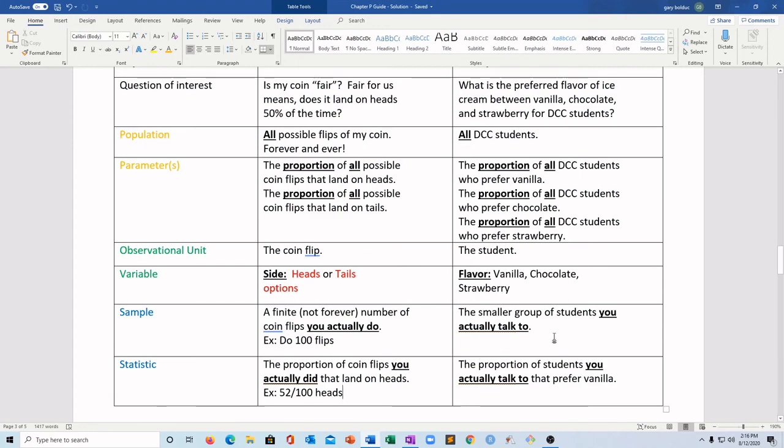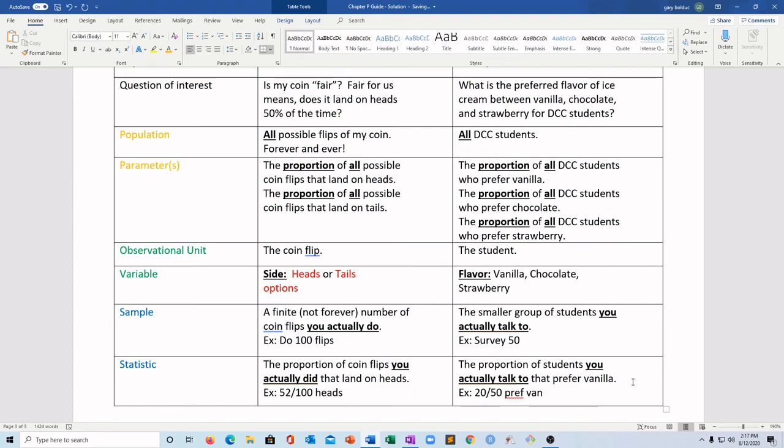All right, for the smaller group of students I actually talk to, maybe as an example, I survey 50 students. So again, it's just this actual number of students I'm going to talk to. And 20 out of 50 prefer vanilla. There you go.